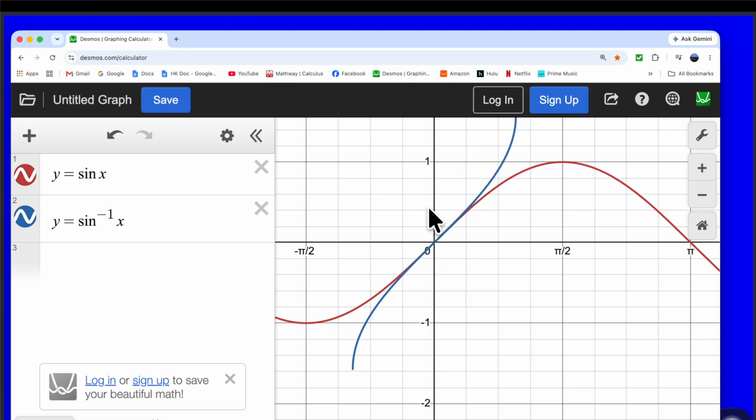Okay, so here's our y value of 1/2 right there, and if we go to the blue, let's get rid of the sine graph. If we go to the blue inverse sine graph, we could see that when y equals 1/2, it is continuous. And if we look at what the x value is, it's going to be pi over 6, which is 1/3 the distance from 0 to pi over 2.